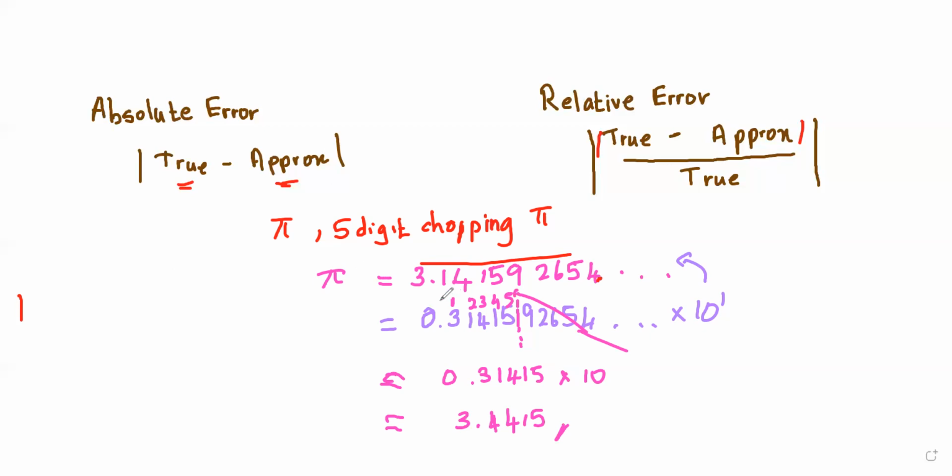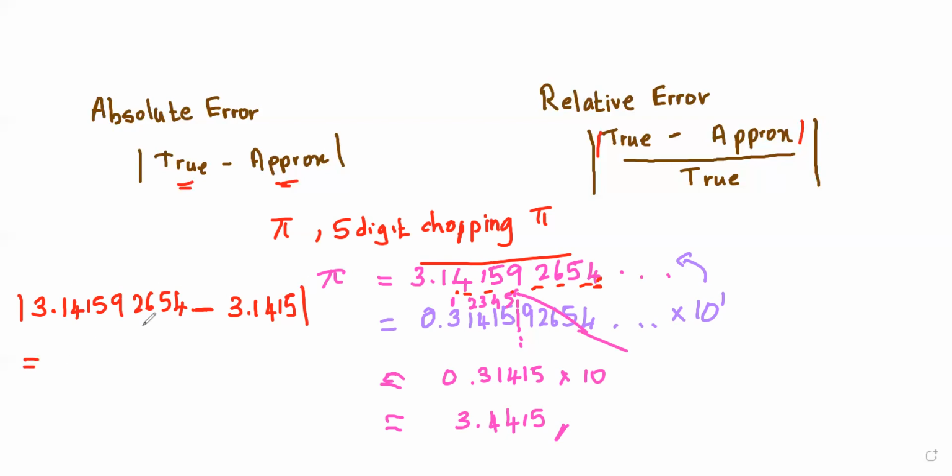So we take it up to this point and write the true value as 3.141592654. Then we subtract the approximate value, 3.1415.